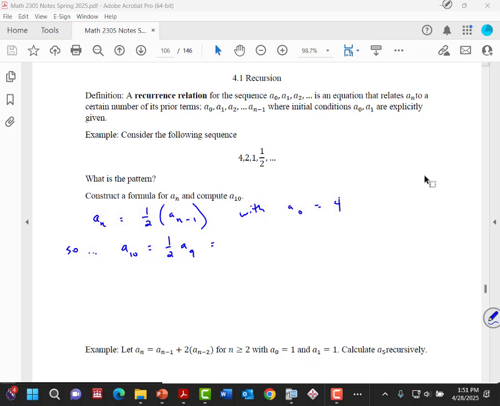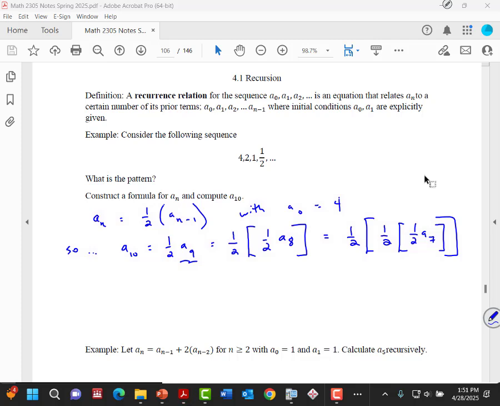Well, and this is where the recursion comes into play. 1/2 of, well, what would A sub 9 be? That would be 1/2 of the previous term. That would be A sub 8. Okay, well, this would be 1/2 of 1/2 of, well, what is A sub 8? It is 1/2 of the previous term, A sub 7.